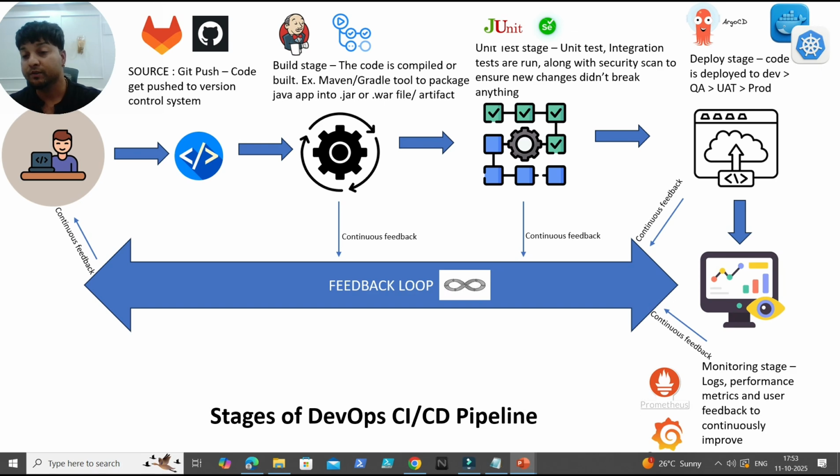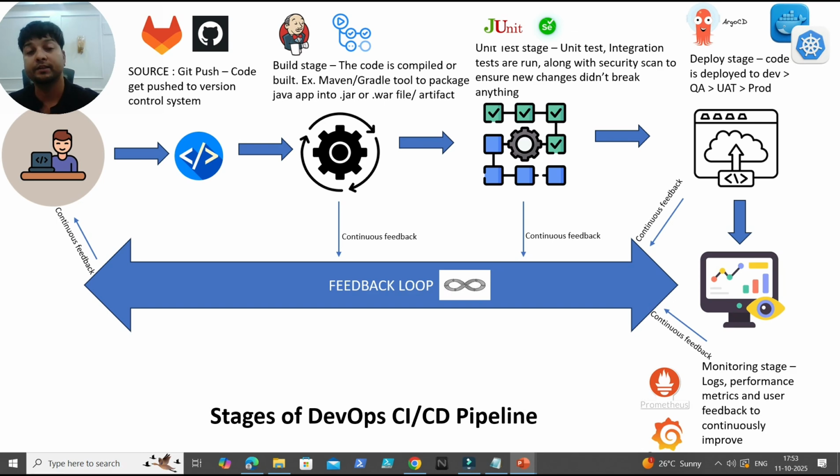They can be used to monitor the performance of the application, and they continuously give feedback on how the complete application is working and what the user feedback is. Based on that, there is a continuous feedback loop that goes to the developers, and developers can go ahead and make changes to the app in case there are any issues reported, and that is how it works.